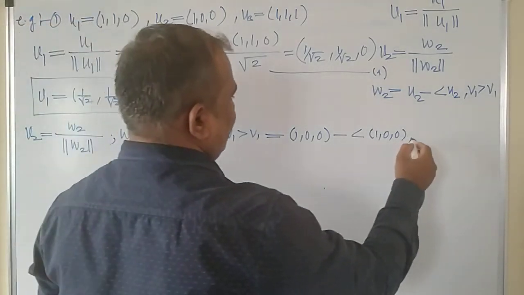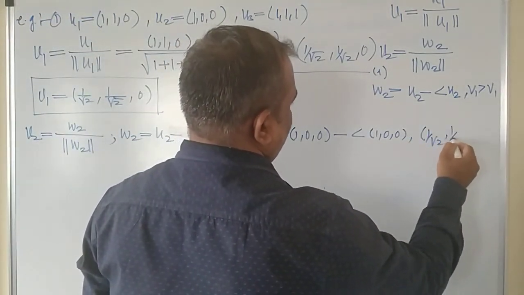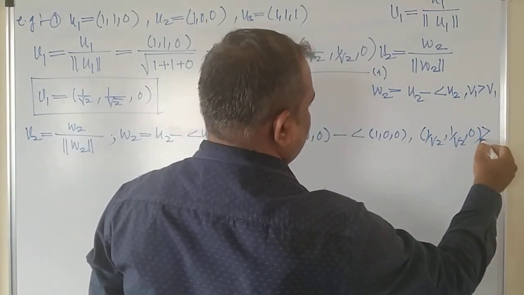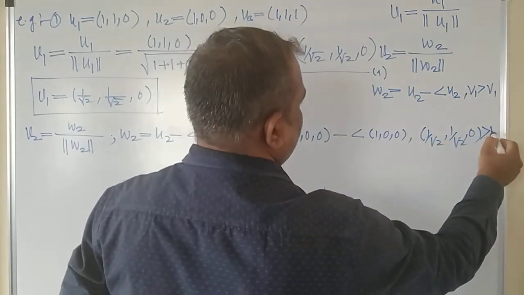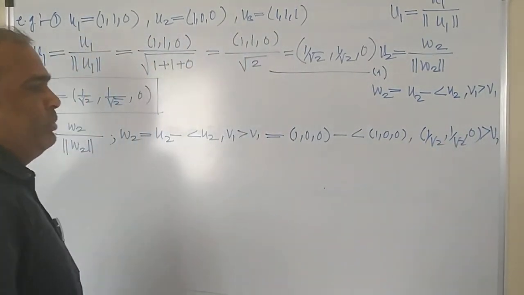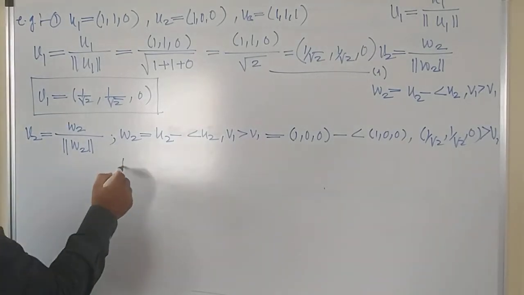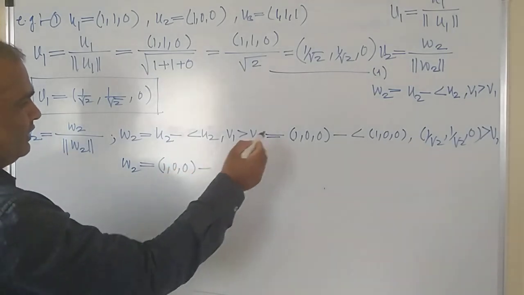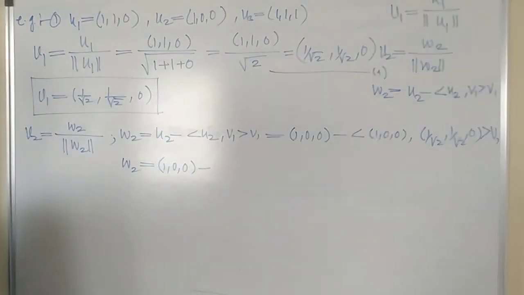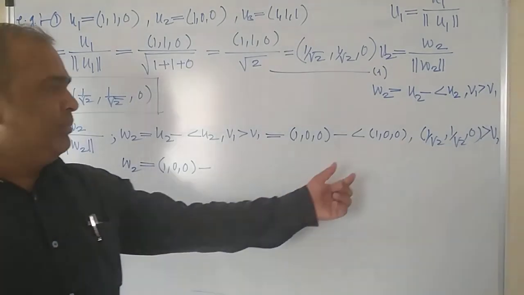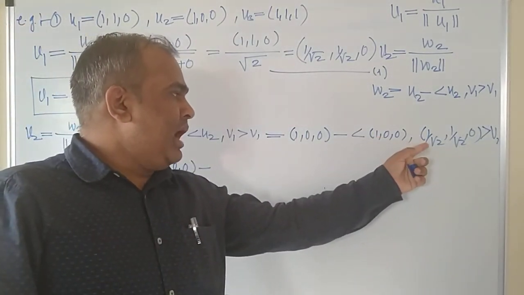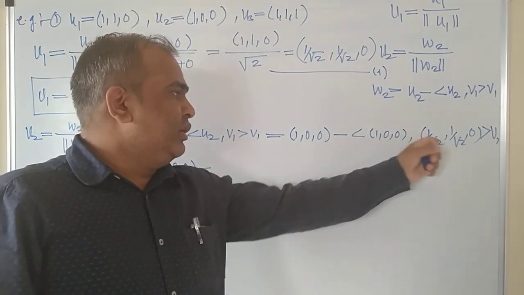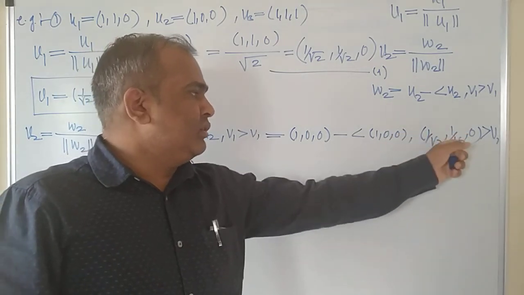What is v1? v1 is (1 by root 2, 1 by root 2, 0). So w2 is equal to (1, 0, 0) minus, let's do this inner product: 1 times 1 by root 2 is 1 by root 2, plus 0 times 1 by root 2 is 0, plus 0 times 0 is 0.